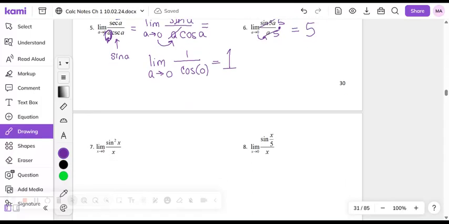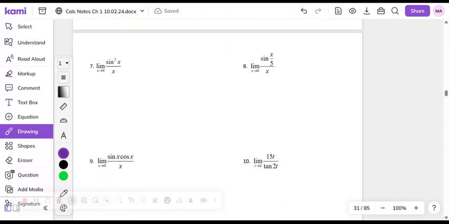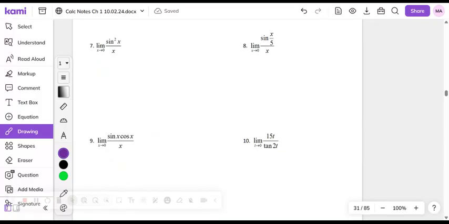Okay, next page. Number 7. That looks interesting. It says the limit as x approaches 0 of the sine squared of x over x. I think for right now, it's a good idea to rewrite this as the limit as x approaches 0 of the sine of x times the sine of x over x.